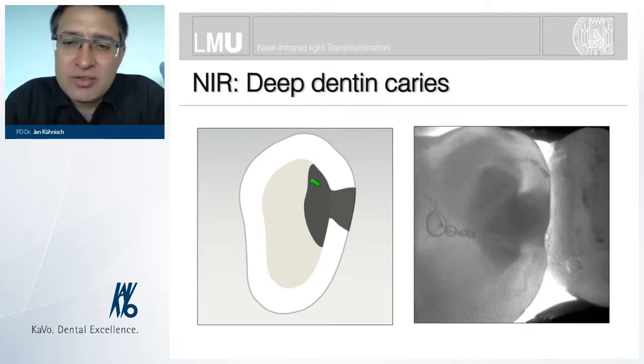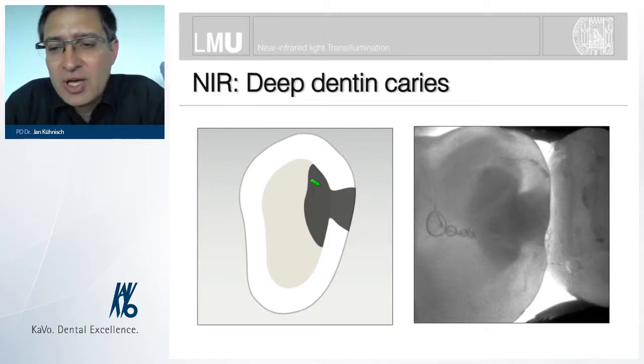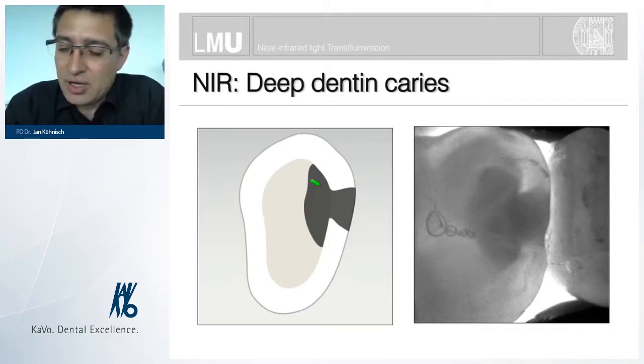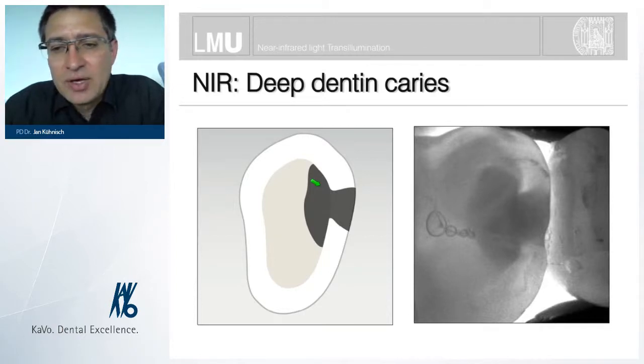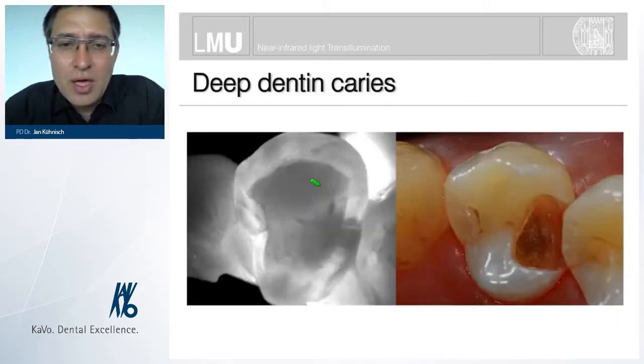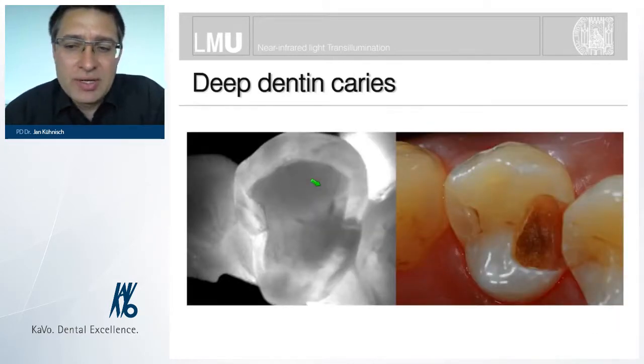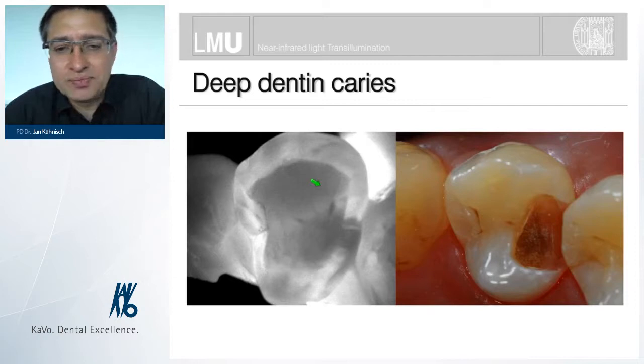If we are seeing those images, it means that it's a very deep caries lesion, and here we definitely need urgent dental treatment so that the pulp is not further compromised. Some more clinical images.